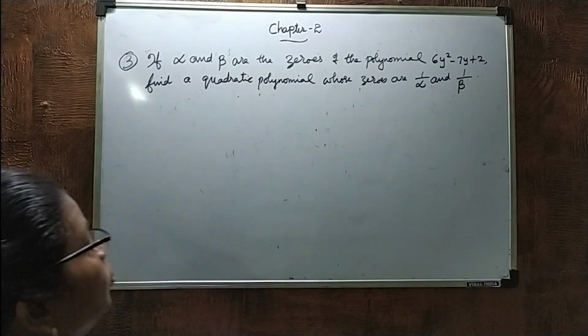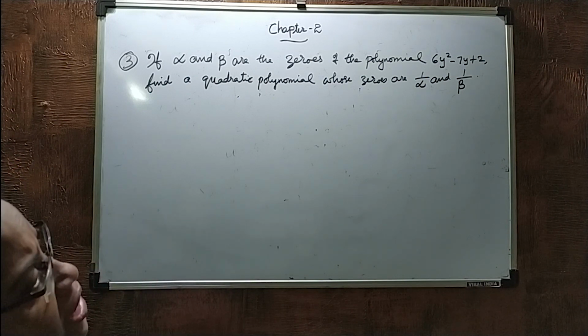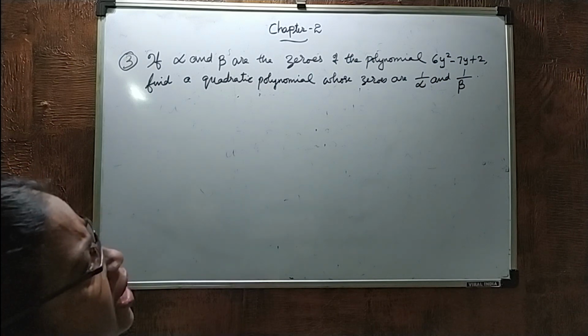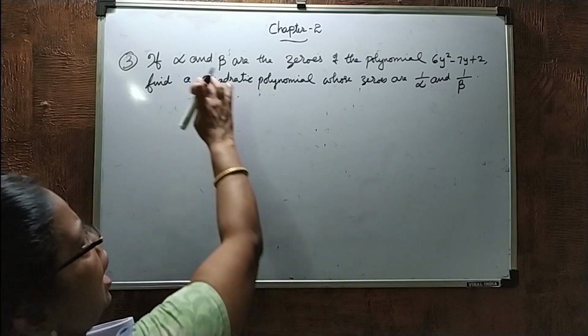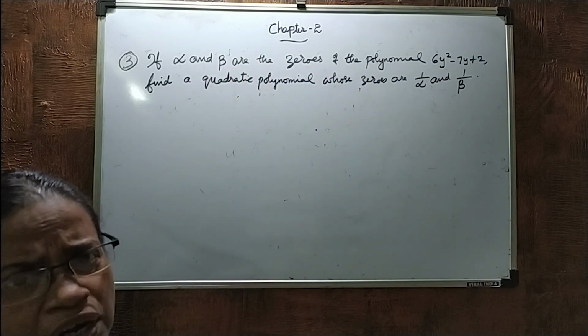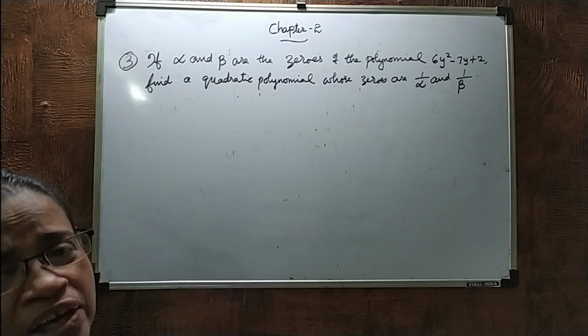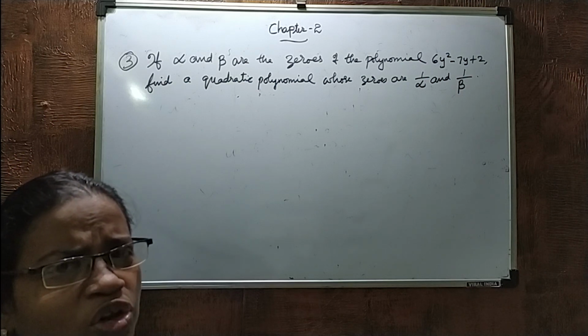Now read the question. If alpha and beta are the zeros of the polynomial 6y square minus 7y plus 2, find a quadratic polynomial whose zeros are 1 by alpha and 1 by beta. So with alpha and beta they have given you the polynomial, but with 1 by alpha and 1 by beta you have to find a quadratic polynomial. Do you remember the form of a quadratic polynomial?